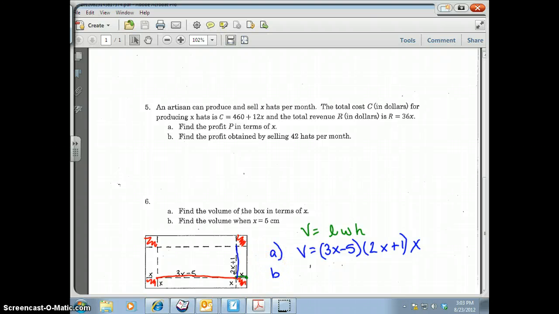And then for part B, find the volume when x is 5. So we're just going to substitute a 5 for the x.